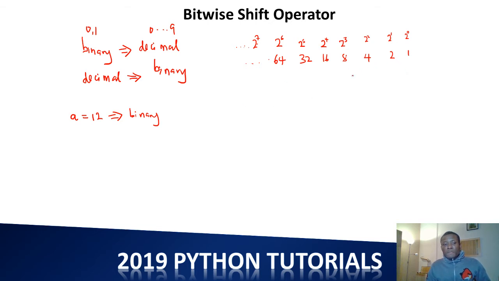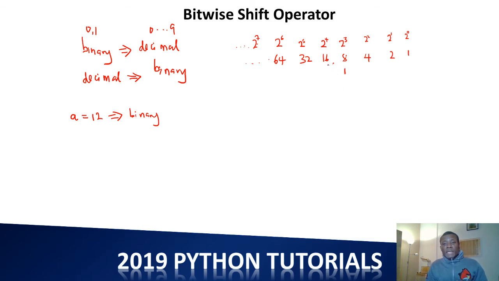So where does 12 fall? 12 falls in between 8 and 16, somewhere here, right? So 12 falls somewhere in between these two, meaning that you need to put 1 in this place.